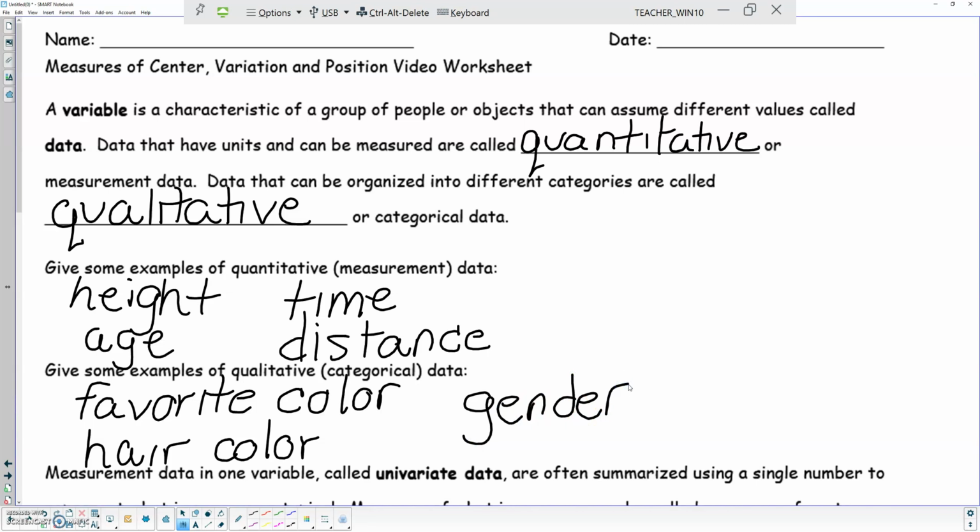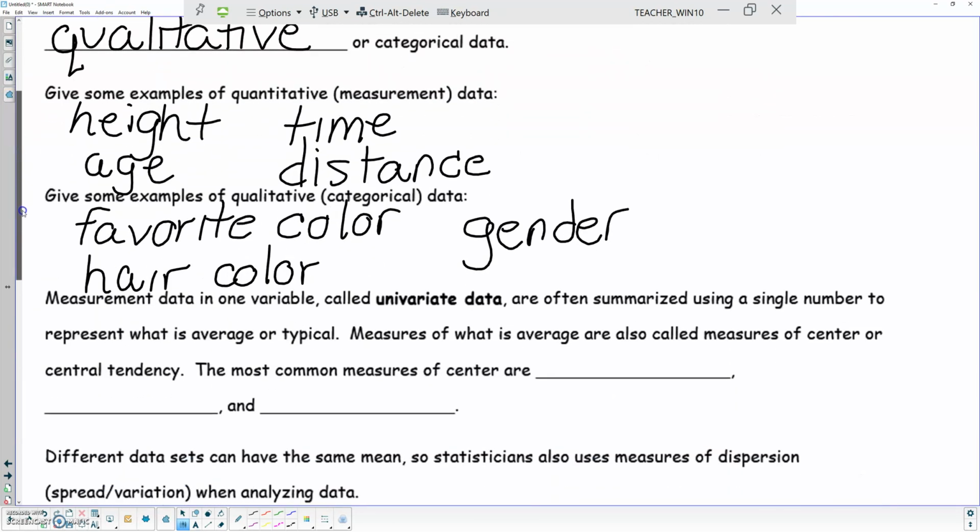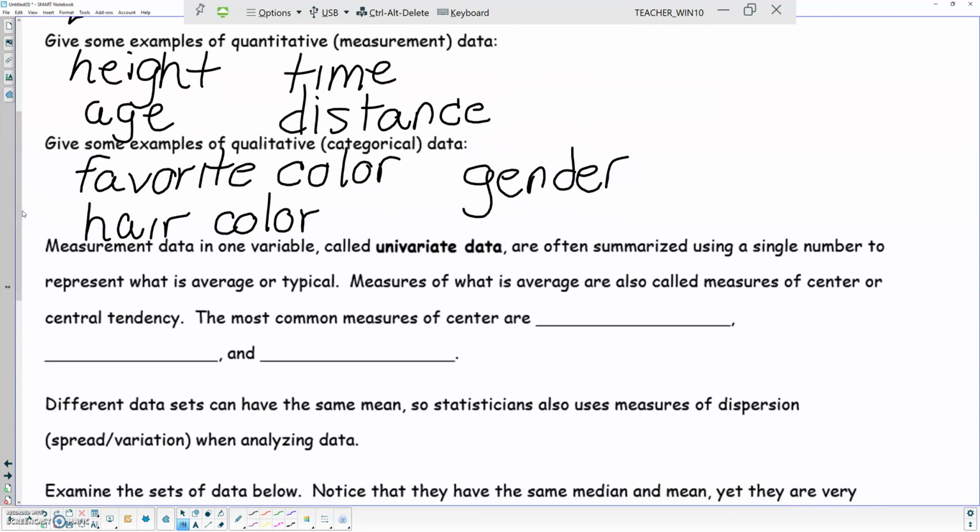All of those would be examples of qualitative data. Okay, so in this unit, we're studying measurement data in one variable, which is called univariate data. All right, so it's often summarized using a single number to represent what is average or typical.